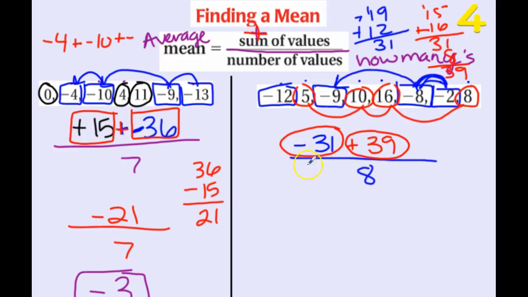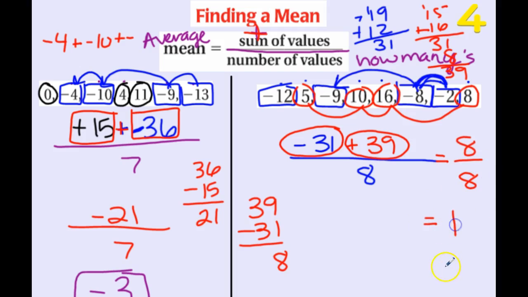We're combining them together. There are more positives, so on the top we will have a positive number. Different signs subtract. Bigger number minus a smaller number. 9 minus 1 is 8. So you should get 8 over 8, which is really just 1. 8 goes into 8 one time.